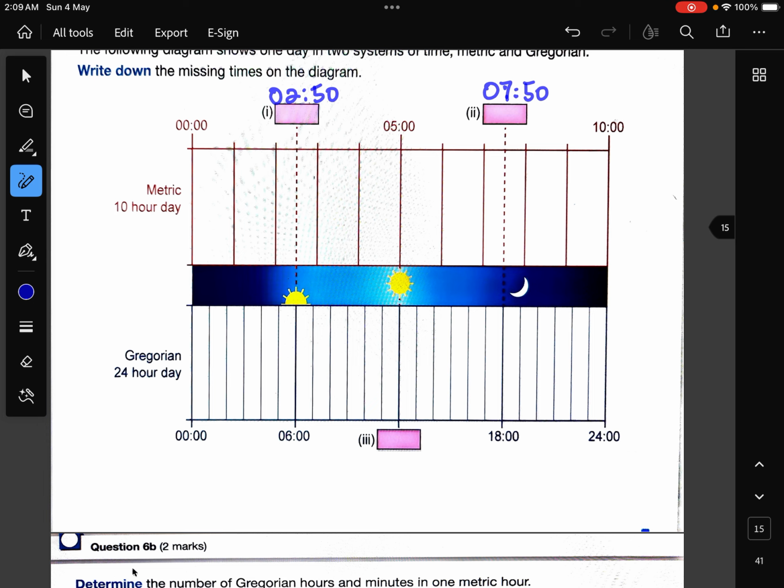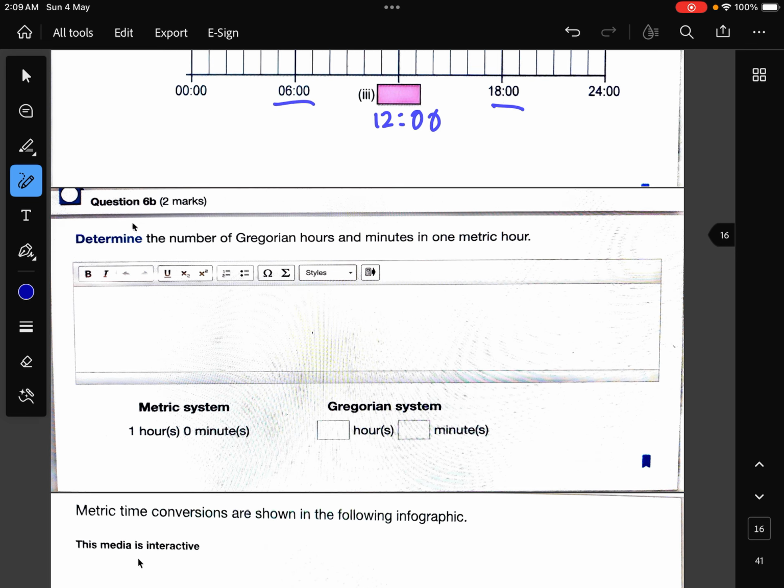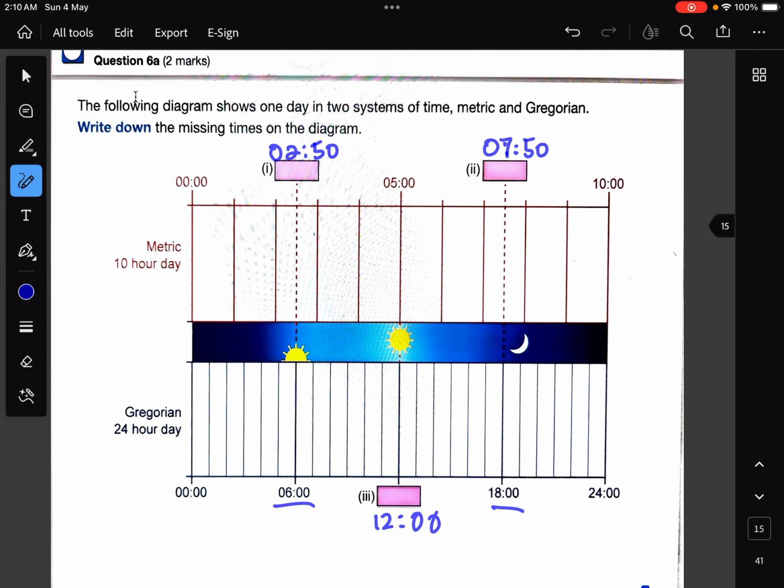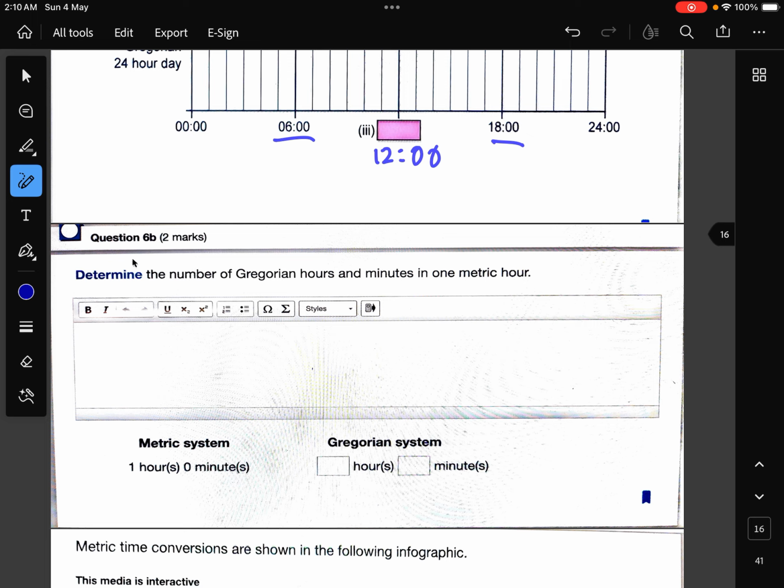So in part 3 we have 6 in the morning here, and 6 in the evening here. So of course the average between these two times would simply be 12 noon. So we're going to put 12:00.